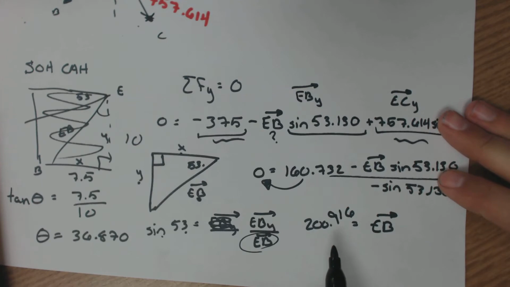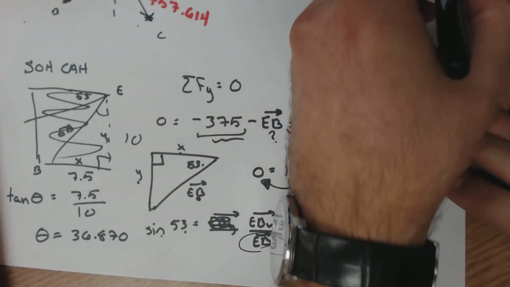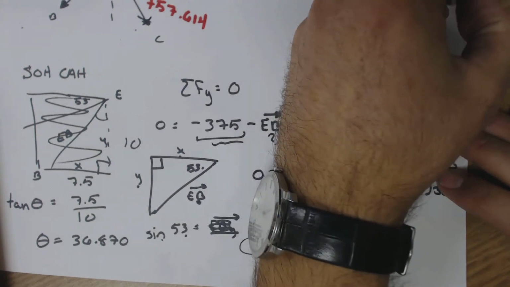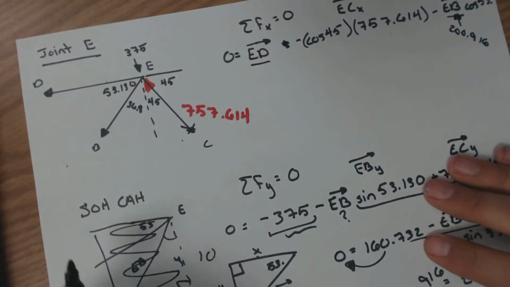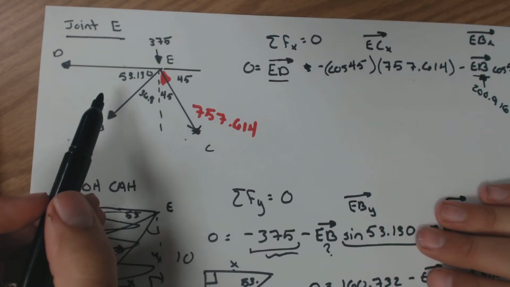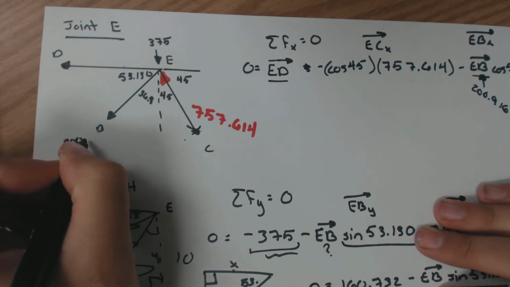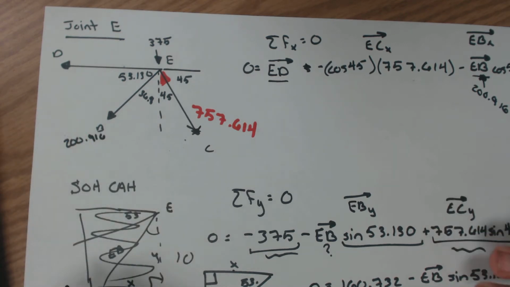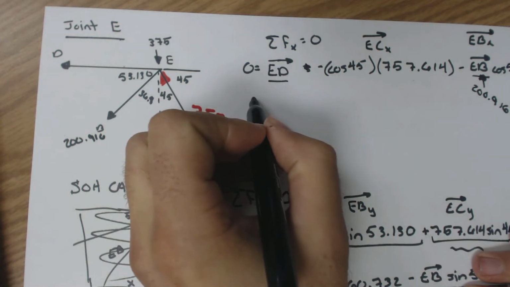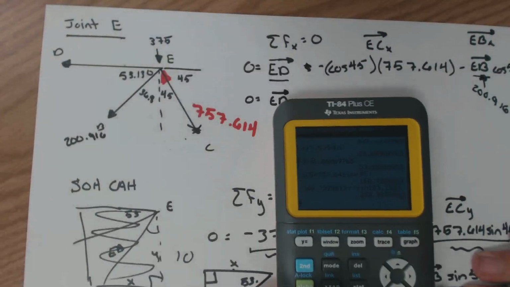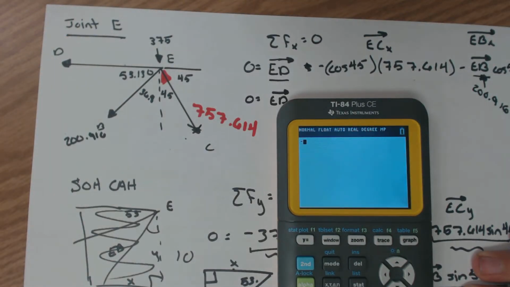Now that I have EB, I can substitute that in up here. It's 200.916. Since I got a positive number, I assumed my arrow correctly. So I know EB, as in Beatrice, is 200.916. So 0 equals my ED vector minus cosine 45 times 757.614.